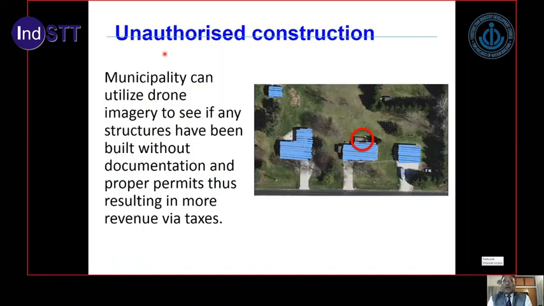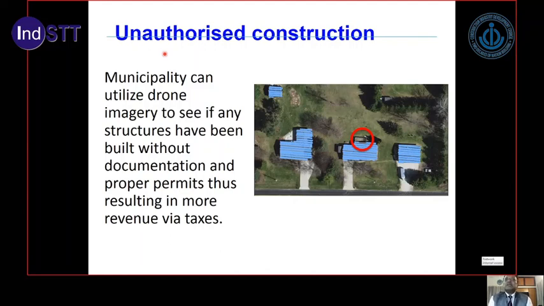We can also identify, once we collect those very high resolution images, unauthorized construction. This is another big problem in many countries, including India, where permission has not been taken from the municipality, and people are also saving a lot of taxes.